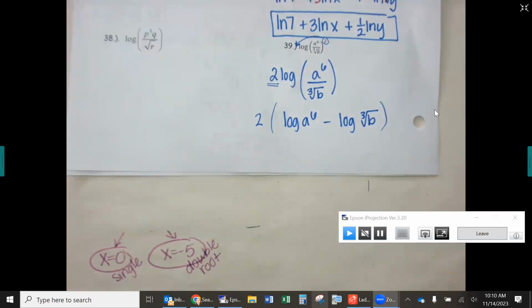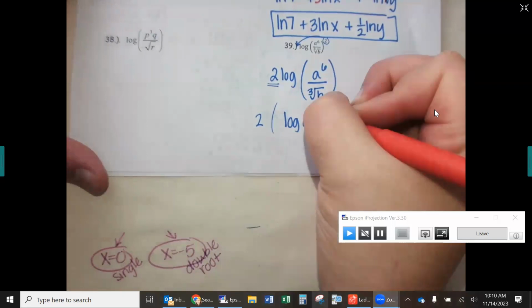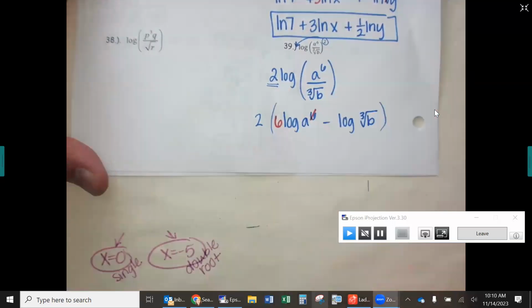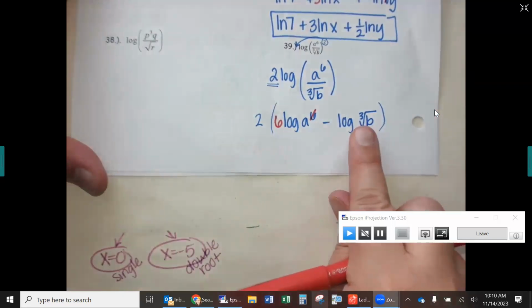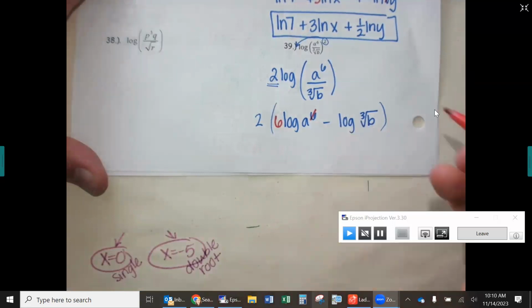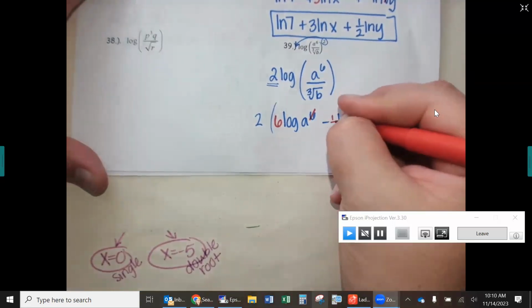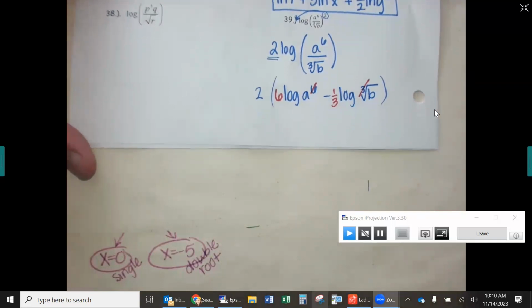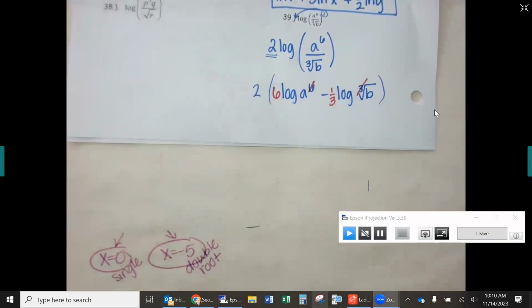From there, what can I do with the exponents up top? Drop them down to the front. The 6 will come down to the front here. And what will a cubic root turn into? A 1/3. And then, now that I have that 2 in the front, I can just times that in.